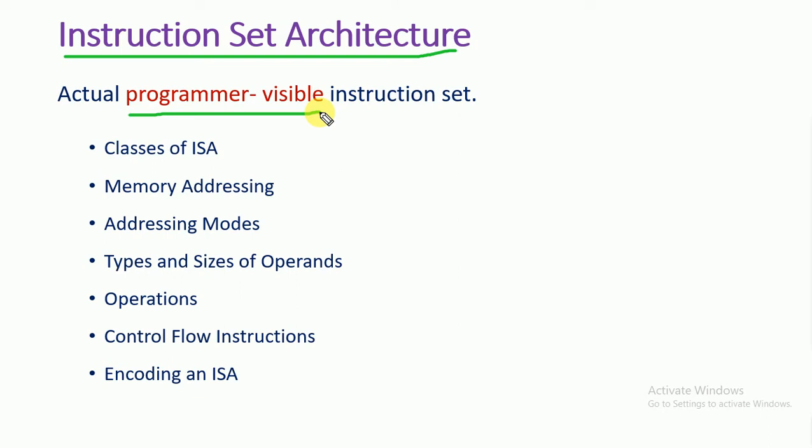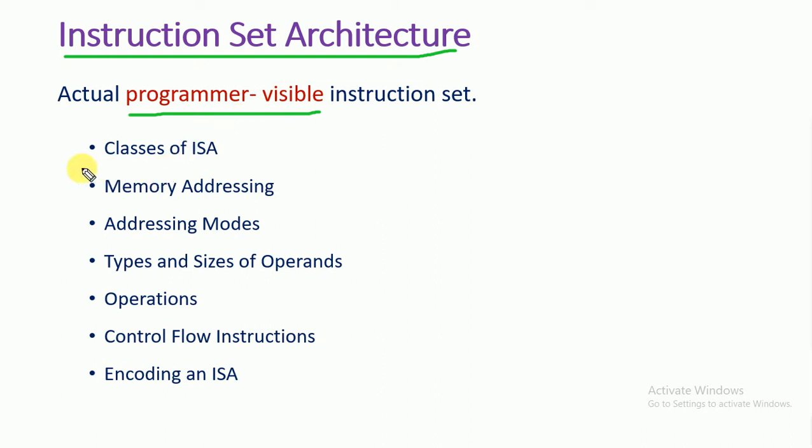So how can the user communicate with the processor with the support of only instructions? What is that instruction? How can we decide what types of instructions we can use, what are the different types of instructions that can be used, and how can these instructions be applied and implemented within the system? All these come under the instruction set architecture.